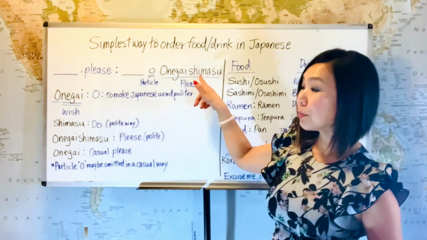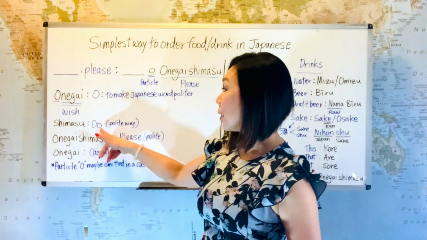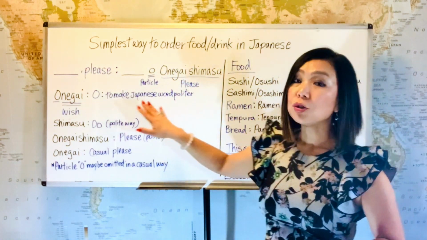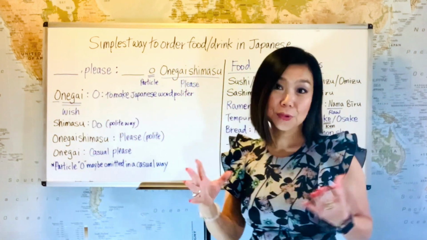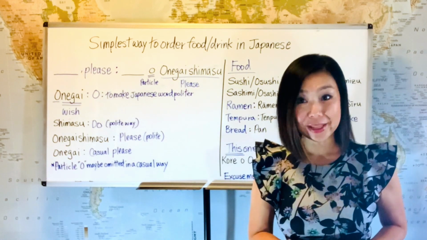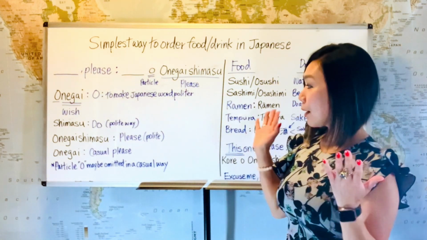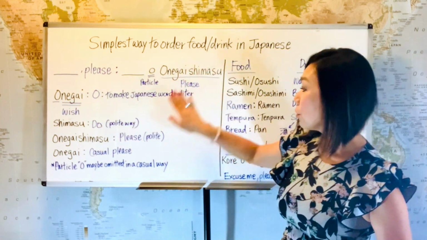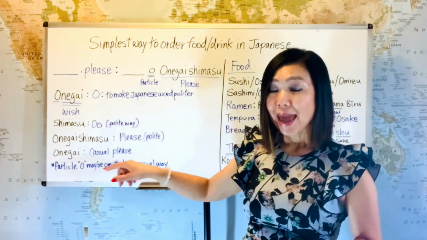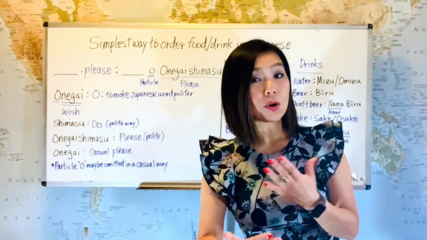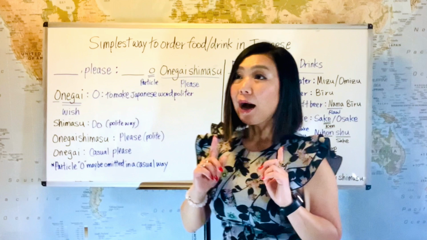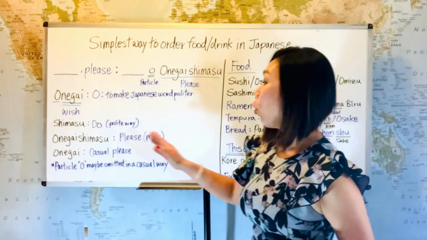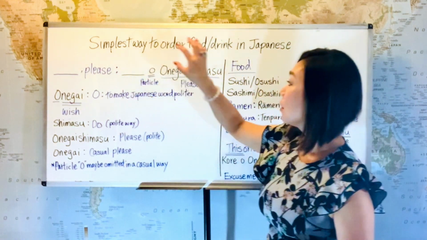Now shimasu means do in a polite way. So onegai shimasu is really "do wish." That's really what it means. Therefore, please. Like I said, onegai shimasu is politer, and if you want to make it casual, you can just say onegai. Occasionally, when you're talking in a casual way, we actually remove the particle and just say "something onegai."